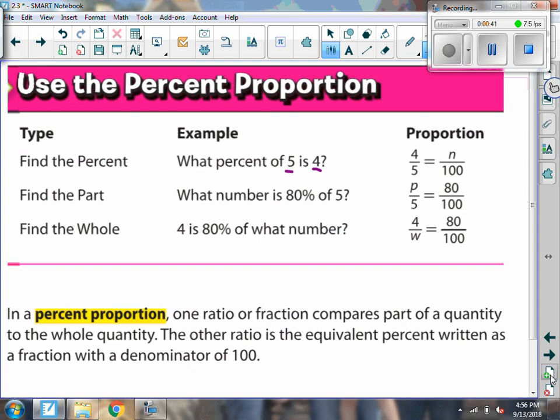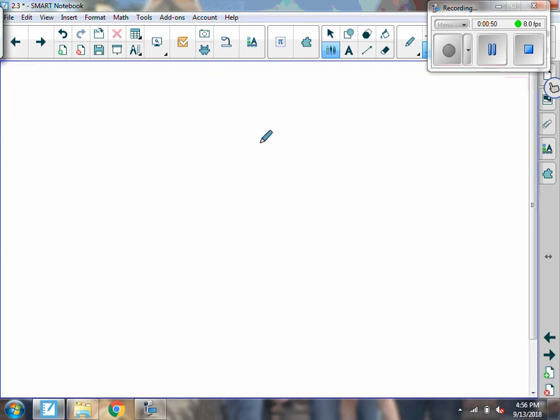So we have certain keywords that are going to make this a lot easier to figure out which number goes in what location. So we have our part, which we use P as our abbreviation for, and our keyword for that is actually "is."